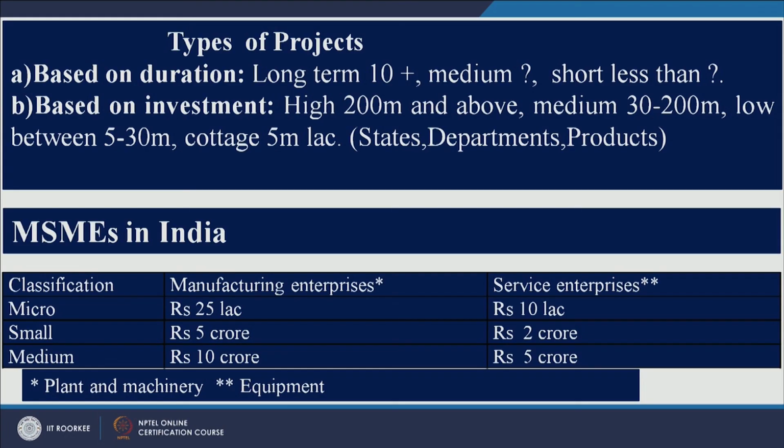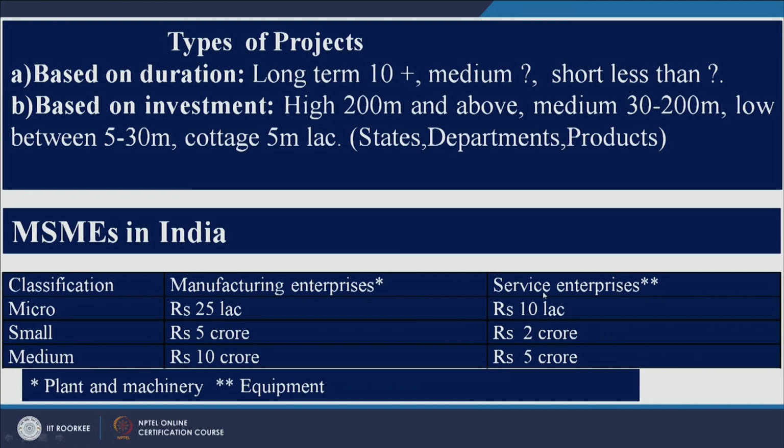So, we can classify a manufacturing enterprise as micro if the investment on plant and machinery is up to 25 lakh. If it is up to rupees 10 crore, then we will call it medium.